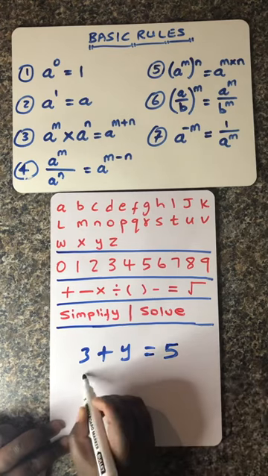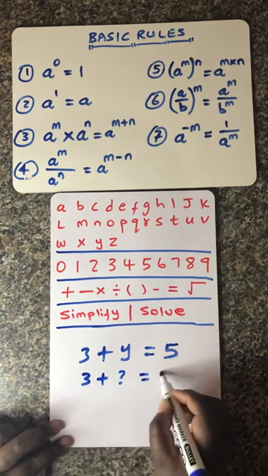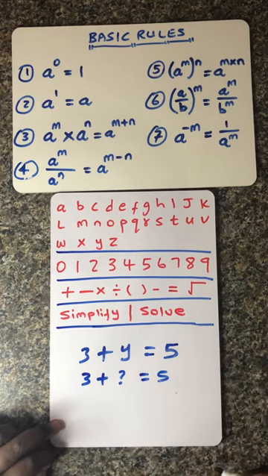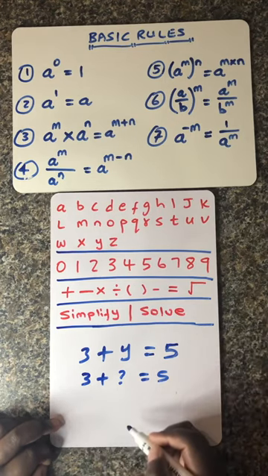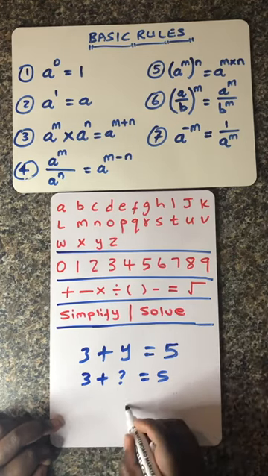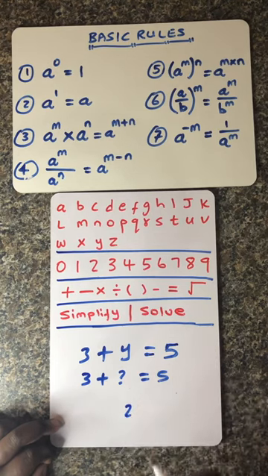So they are saying 3 plus what number will give you 5. Do you know what is that number, guys? We obviously know that when you add 2 and 3, they give you 5.